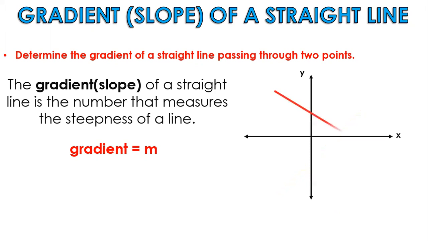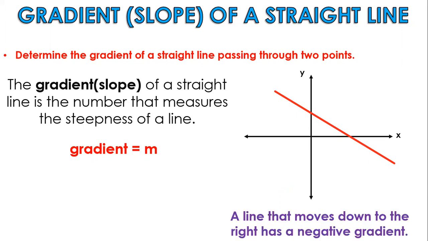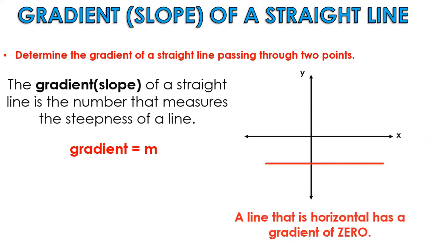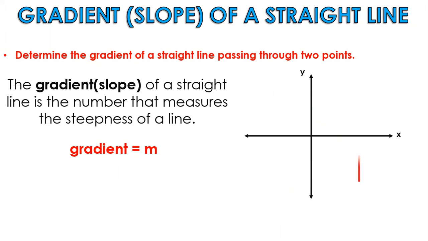A line trending downwards from left to right has a negative gradient. A horizontal line has a gradient of 0, and a vertical line has a gradient that is undefined.